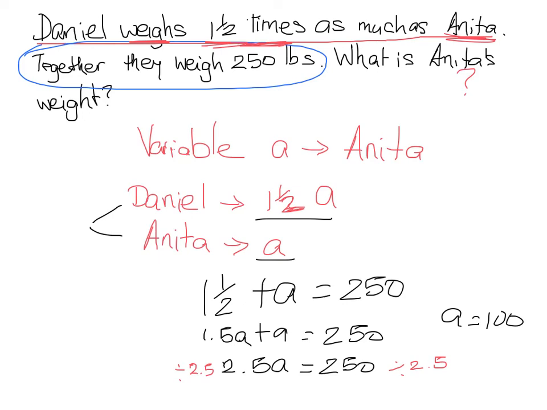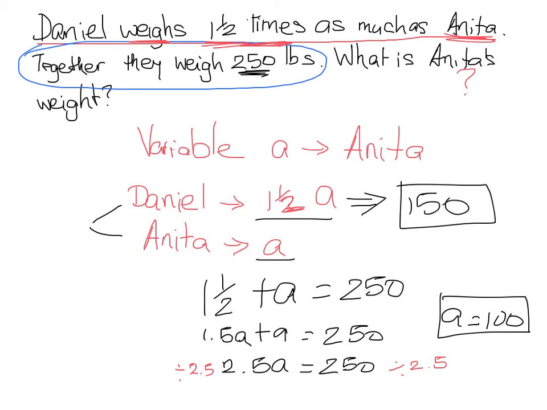So A is equal to 100, which makes sense that Anita's weight is 100. Remember that together they weigh 250 pounds. So if Anita's weight is 100, then Daniel's weight is 1.5 times that. So Daniel's weight is 150, which does make sense because now together their weight is in fact 250 pounds.